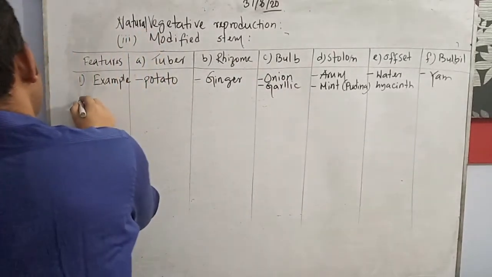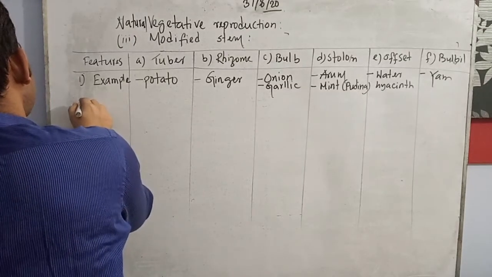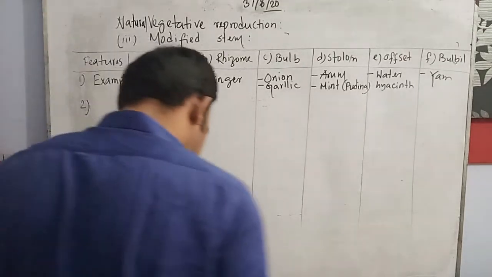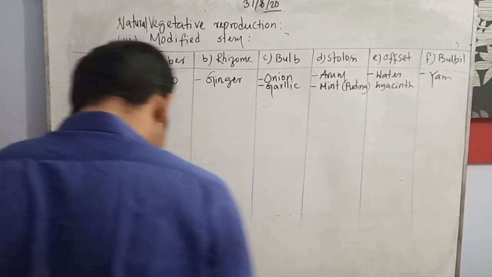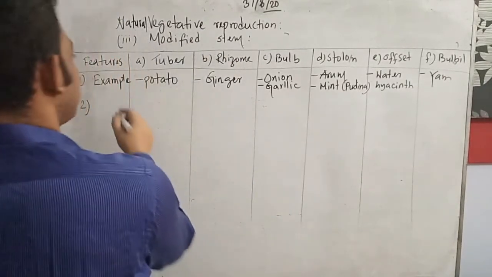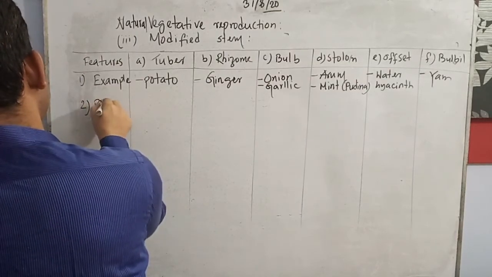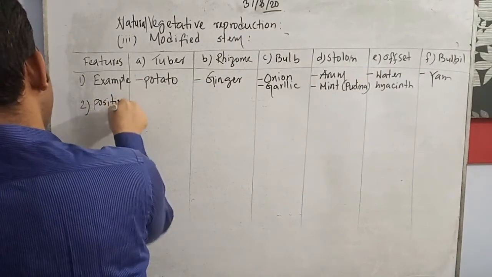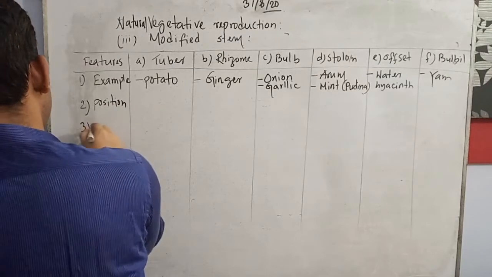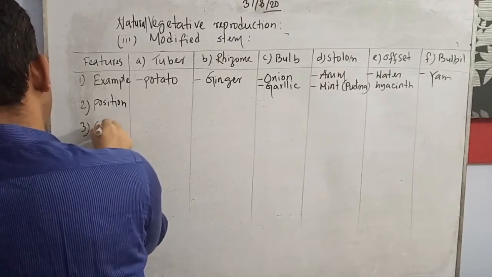Suppose number 2 is actually position. Number 3, grow from.